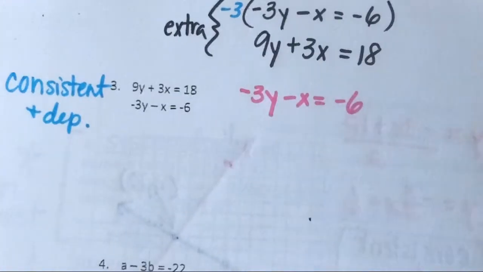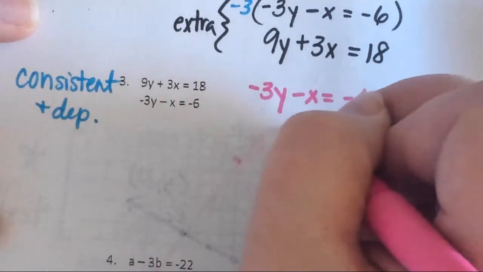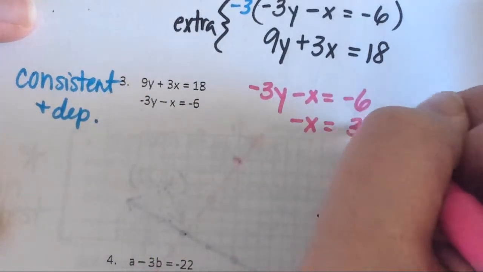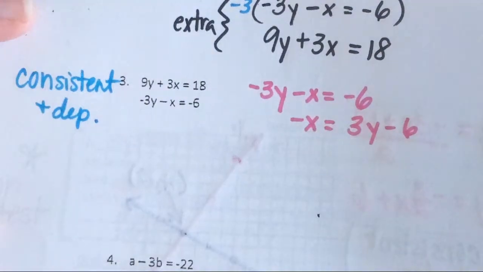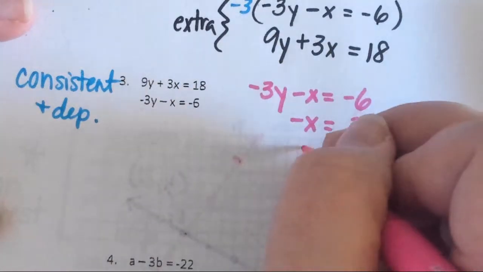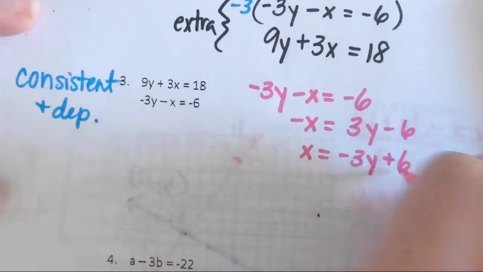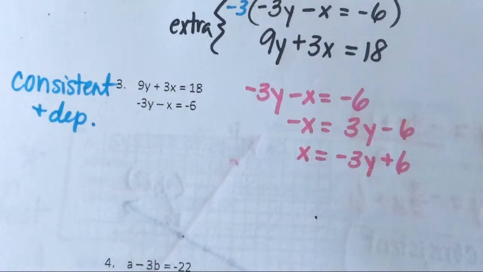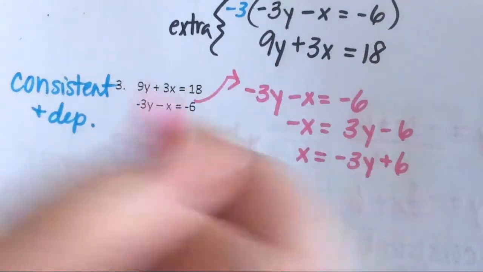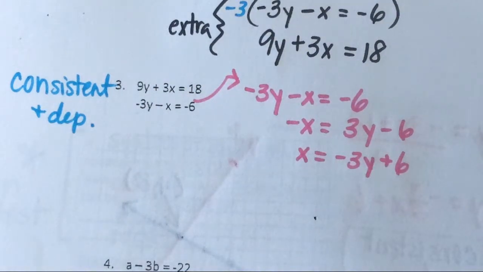If we add 3y to both sides, we'll have negative x equals 3y minus 6. If we divide by negative 1, we'll have x equals negative 3y plus 6. So we did it. We got a variable by itself. We can now take what we got and substitute it into that top equation.